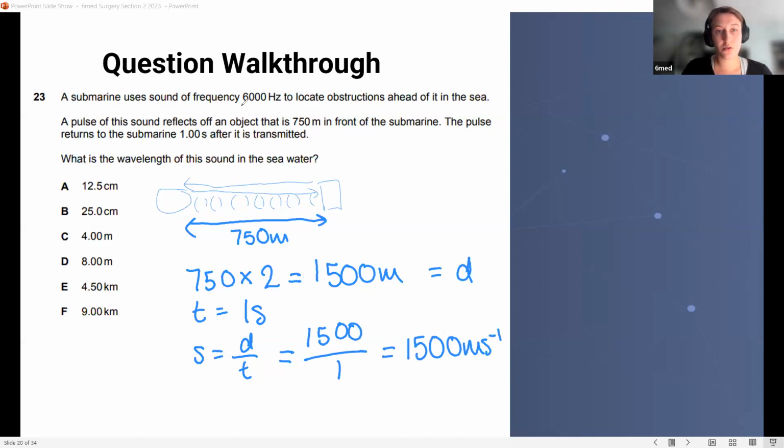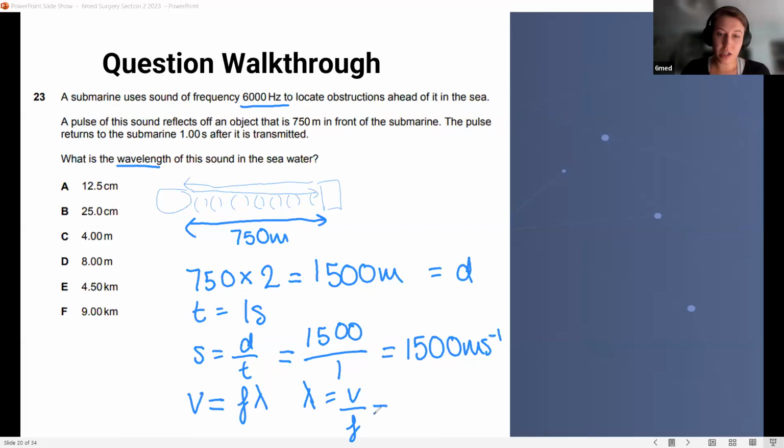We've also been told our frequency. So the core equation for waves is velocity equals frequency times wavelength. We want to find out the wavelength, so we'd rearrange that to get wavelength equals velocity divided by frequency.